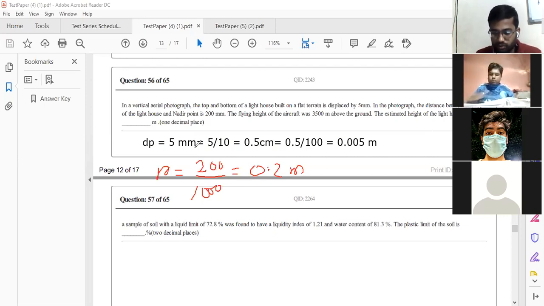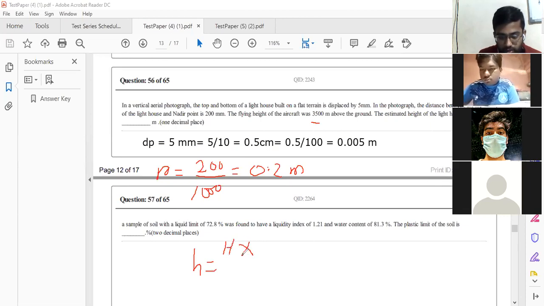Okay, now you have the formula for calculation of height. The flying height of the aircraft was given. So you have the formula, the estimated height of the lighthouse, small h. Okay, flight height, that is capital H, multiplied by dp, displacement, divided by distance r.